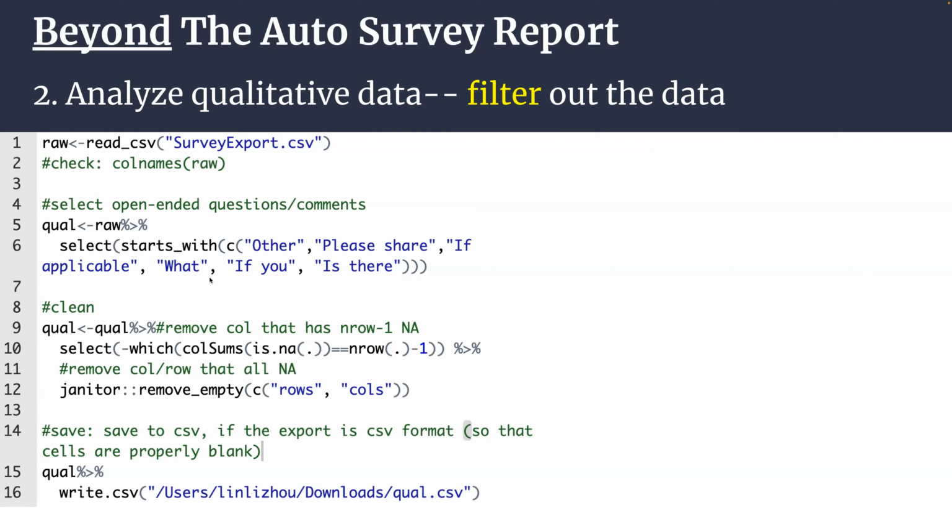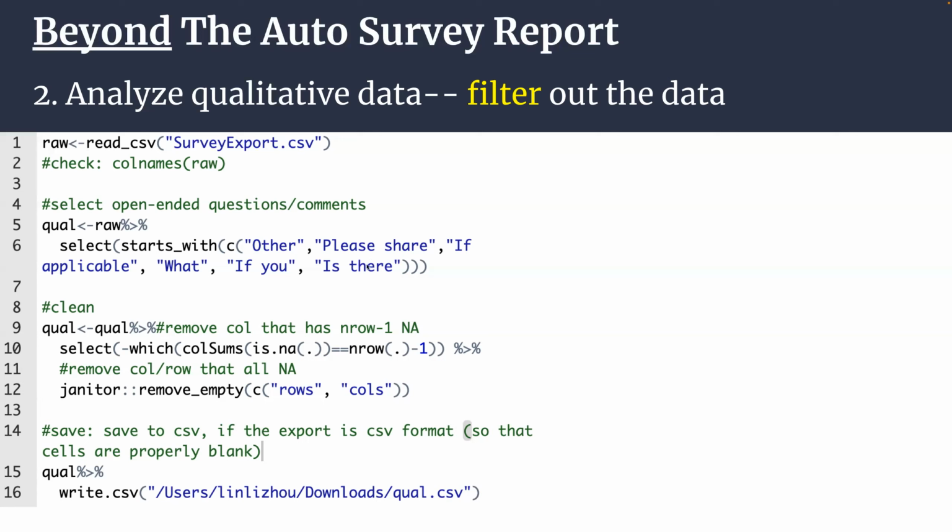I'm using R here because it's more systematic, and you can reuse your code, maybe editing it a bit when the qualitative questions start with some other pattern that's not already captured here. But usually it's like this: the qualitative questions will start with, what are your suggestions?